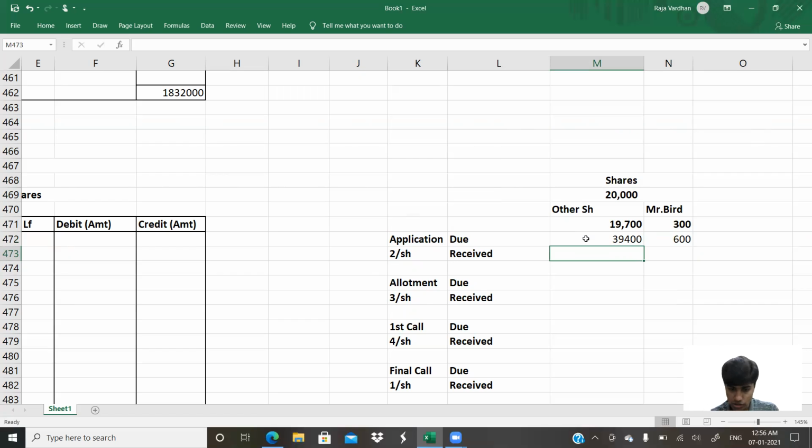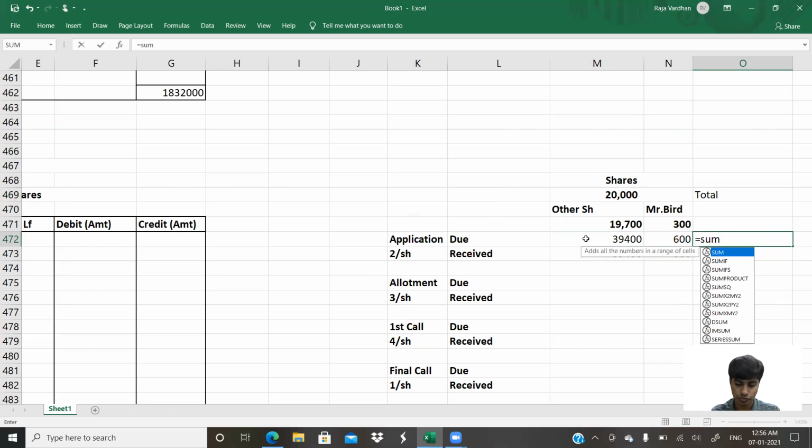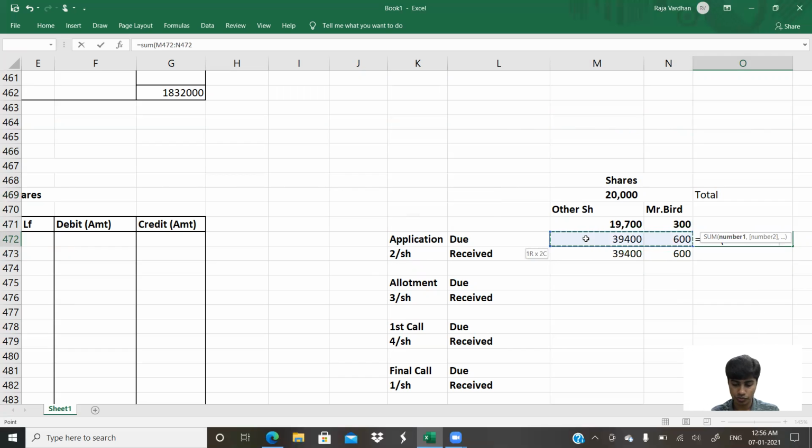How much did you receive? You received the same amounts. I'll put one total column here. Totally for 20,000 shares, you are supposed to receive 2 rupees per share, 40,000 rupees was received. No problem there.